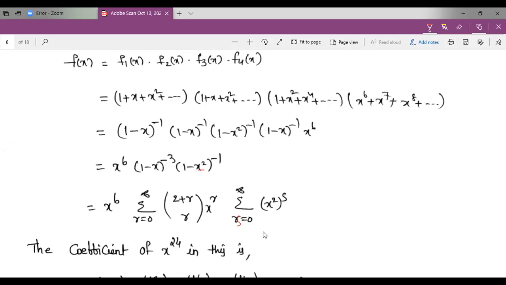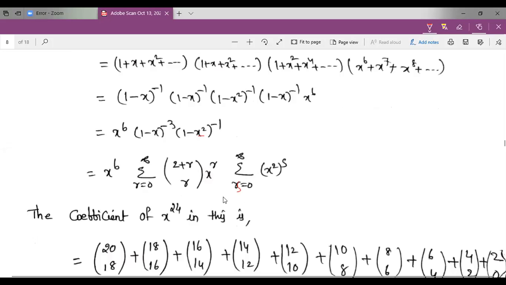So now if we give the values for r and s, we get the coefficient of x power 24. In the first case, r is equal to 0.